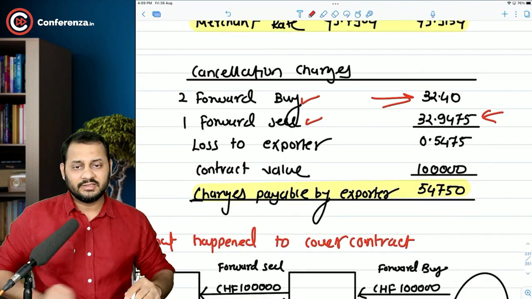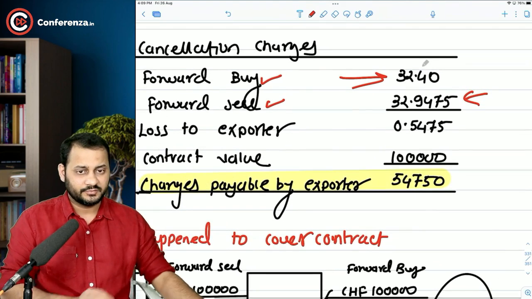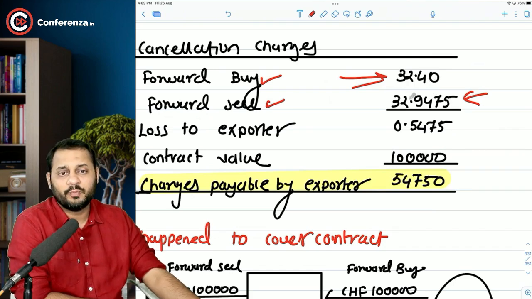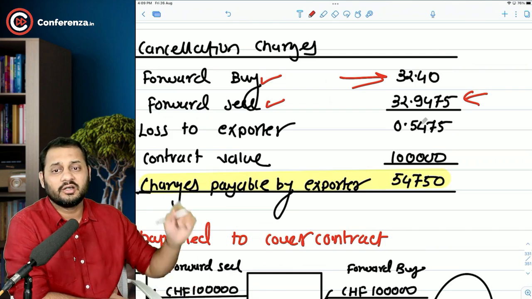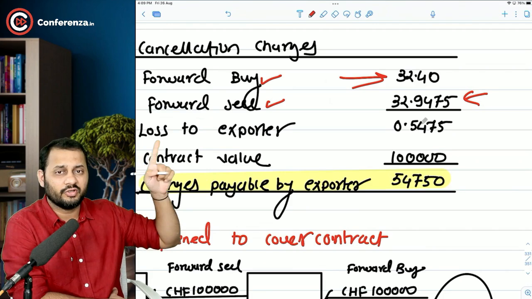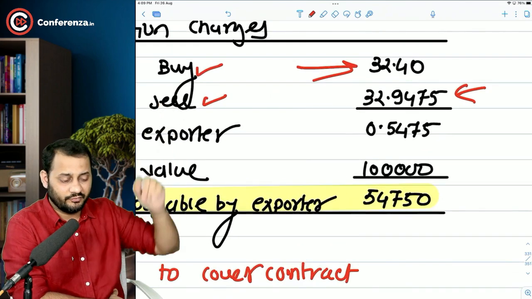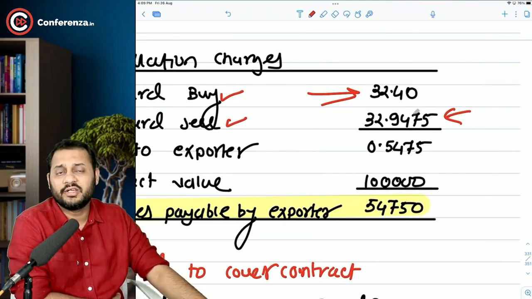So you can clearly see that there is a gain to the bank and loss to the exporter. 32.94 is the selling rate for the bank and 32.40 is the buying rate for the bank. So the bank is obviously receiving more money than what it has agreed to pay. And who is going to pay that extra money to the bank? The exporter. It will be a loss to the exporter, profit to the bank. If you say, sir, the selling rate is high, then why is the profit not written?